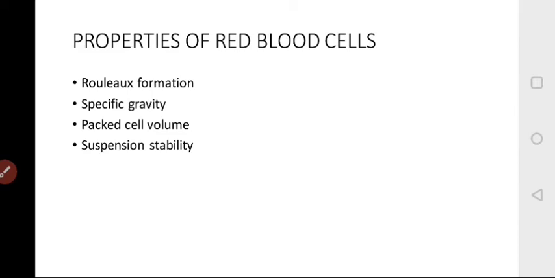It is also called hematocrit value. It is 45% of the blood and the plasma volume is 55%. Then we will see suspension stability. During the circulation, RBCs remain suspended uniformly in the blood. This property of RBC is called suspension stability.